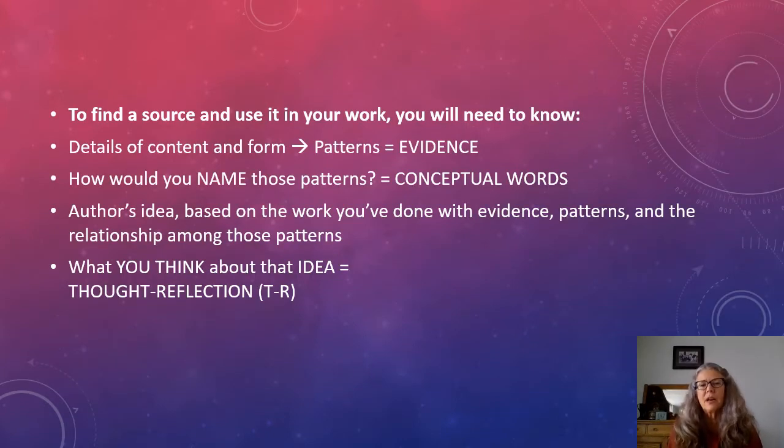So to summarize, to find a source and use it in your work, and especially in the humanities where using quotations is frequent, you will need to know details about the content and form. That is, patterns that equate to evidence, and we've already looked at how to do that. You will also need to know how to name those patterns, because that leads you to the concepts that the author, the writer of the source you're using, will be looking at.